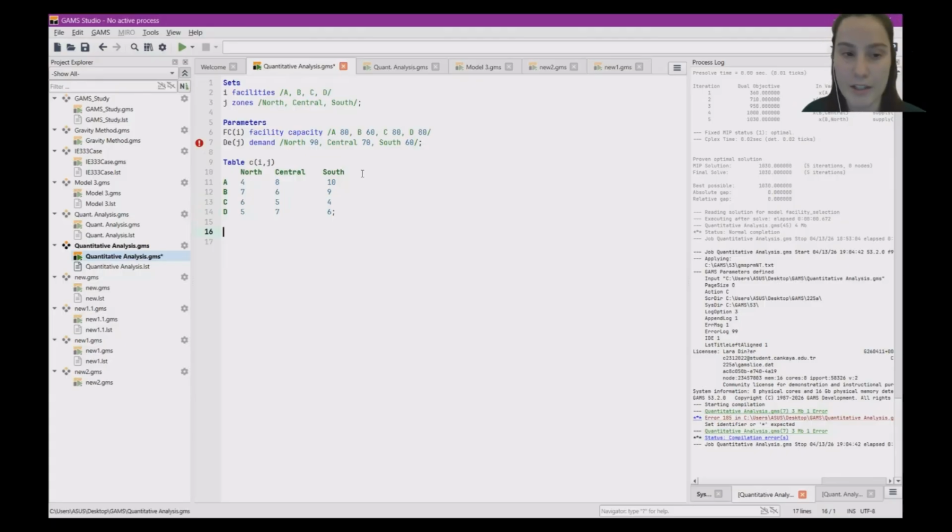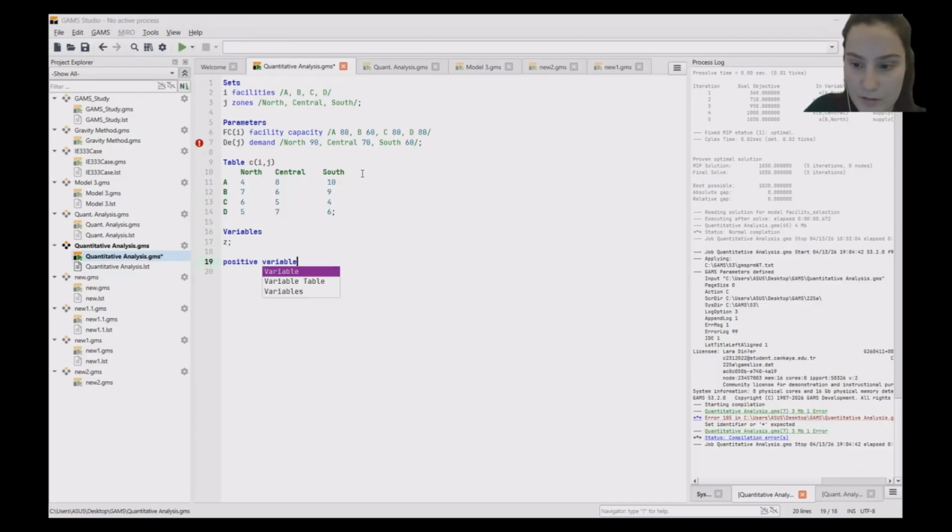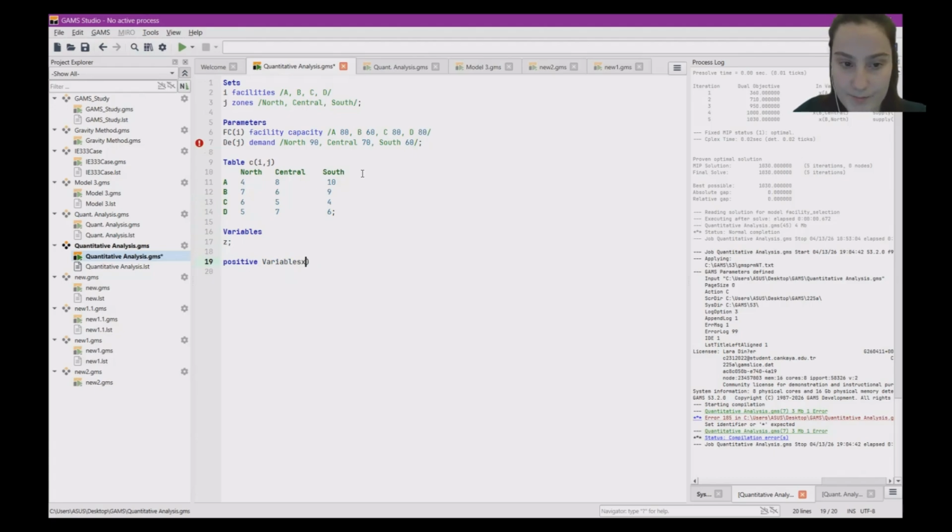Now we are going to write our variables. At first, we have our variable Z. Then we have our positive variable, because what we are shipping cannot be negative. When we write it this way, it also means that this is our non-negative constraint.